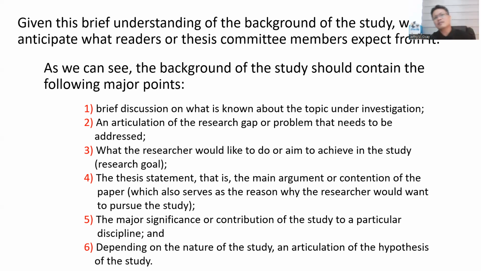And when I read the methodology part, the researcher articulates a different third goal, to the point that I don't exactly know what the researcher would like to do. So again, please take note that all types of research should only have one major goal, because there's only one major problem that you want to see addressed in the paper. All the rest are sub-goals or objectives, and all of them are in line with your major goal.